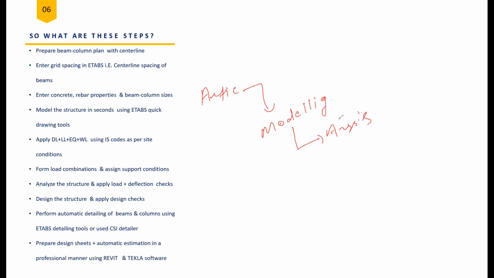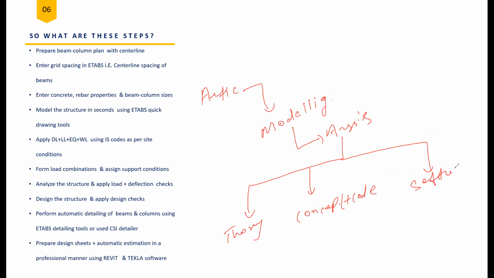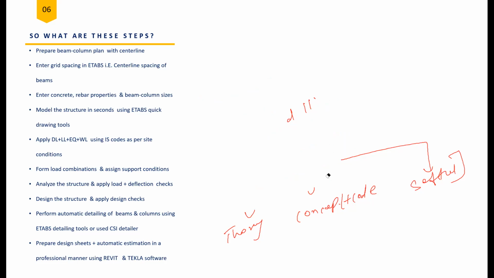Analysis can be executed based on three parts: we have theory class, concept class, plus code, and we have software. These are the three steps involved in any kind of analysis. So it's not only the software; it takes many things.